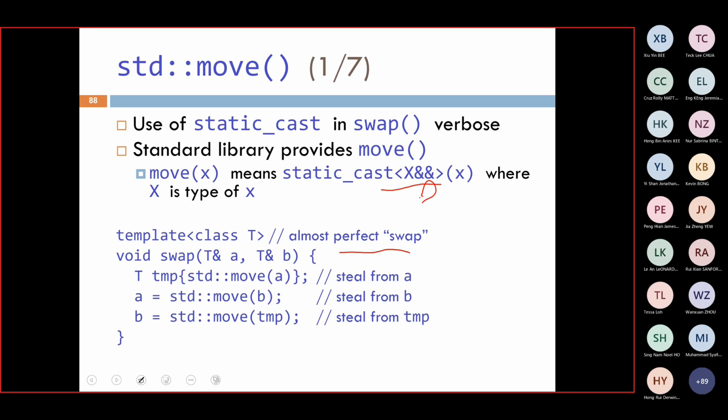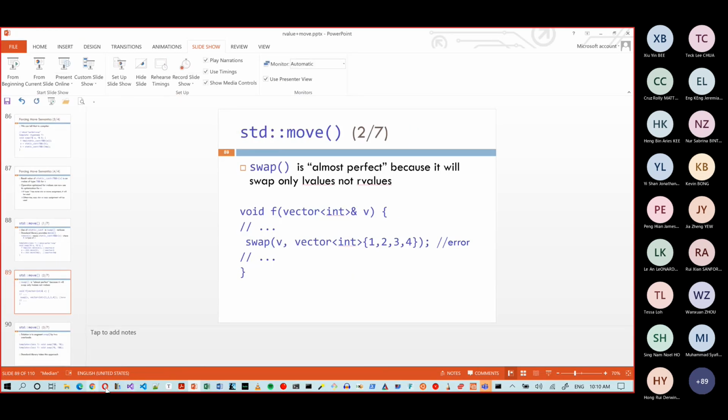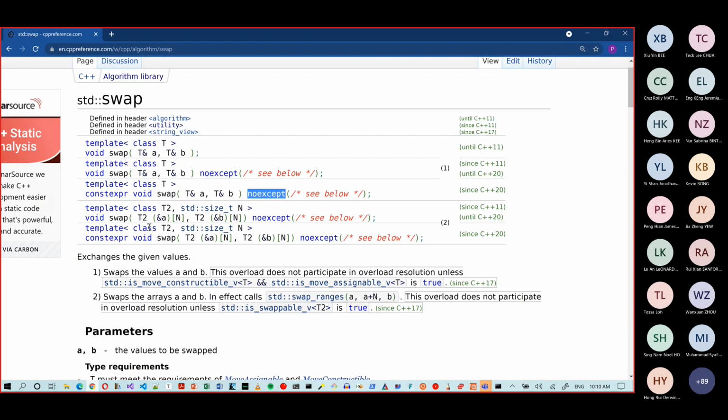The problem with this particular swap function that we wrote, and that is part of the standard library, okay? Let me show you the standard library, is that all of them take references, right? L value references, and nothing else is going on.